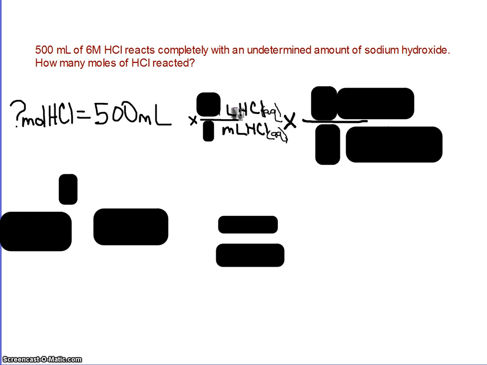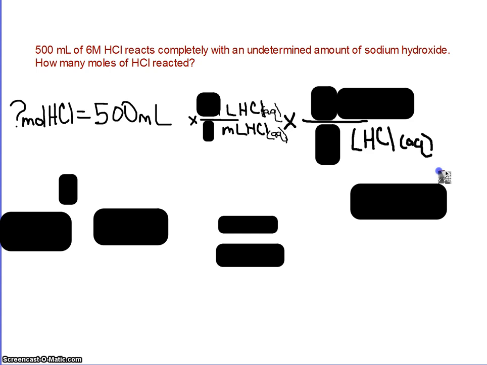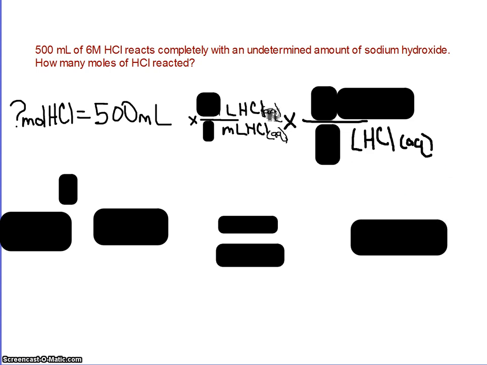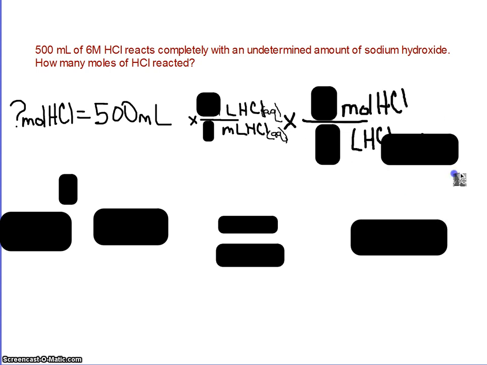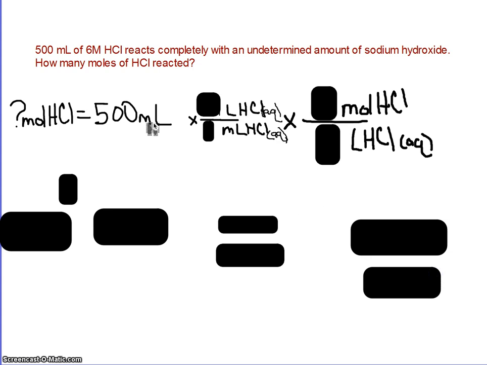That's step 1. Step 2, I can leave the liter now. And remember, whatever you're leaving, that unit goes on bottom. So I'm leaving the liter, and I'm going to the mole. So I just mapped out the problem. Left the milliliter, went to the liter. Left the liter, went to the mole.